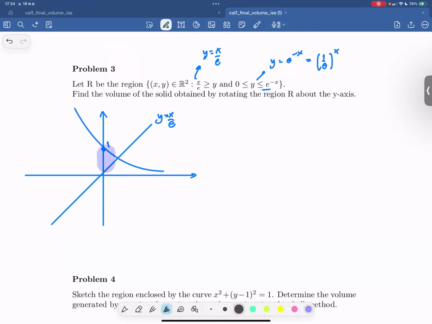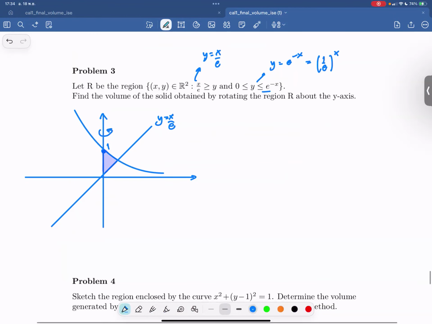And this is the area of rotation. It rotates about the y-axis, so our shell looks like this.